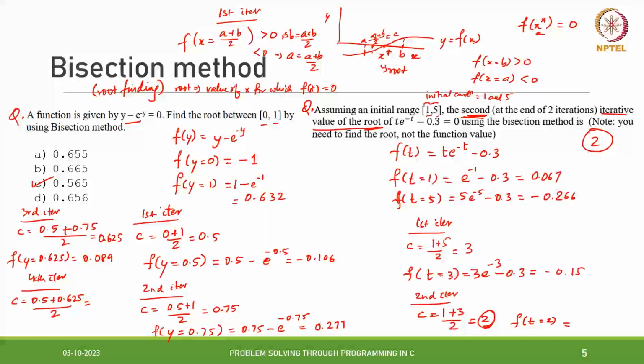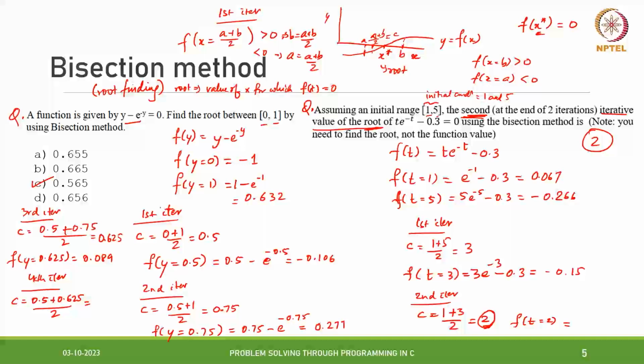So now what we do is we take this value which is closer to the root, that is t equals 3, instead of t equals 5. The positive part will still remain the same, 1. Only the negative part, because this came out to be negative and is closer to the root than t equals 5, we replace t equals 5 with t equals 3. So in the second iteration, instead of the midpoint of 1 and 5, we take the midpoint of 1 and 3.